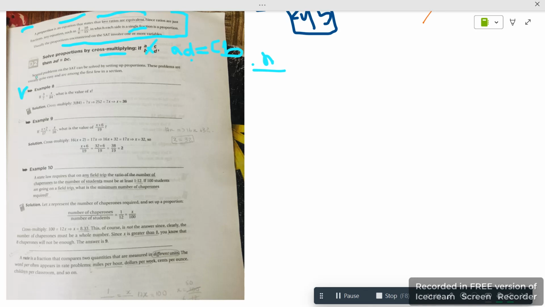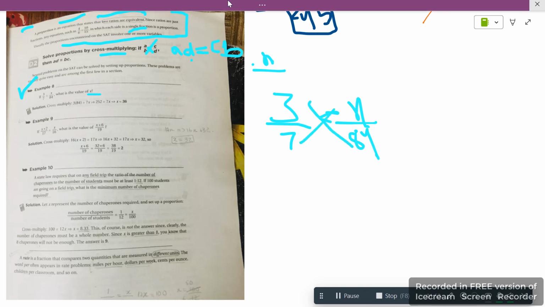The first example we have here is, if 3 upon 7 is equal to x upon 84, what is the value of x? This is a very easy question. We just studied that we have to cross multiply this with this one.